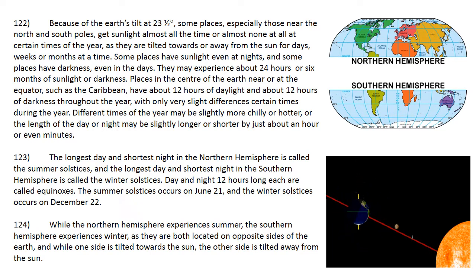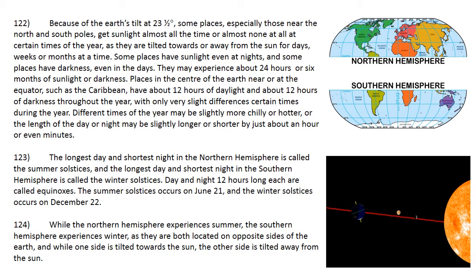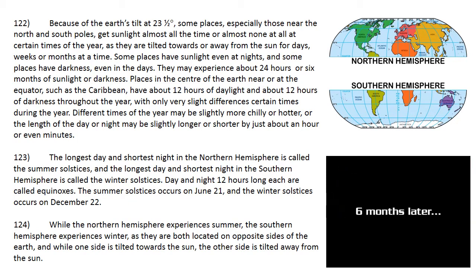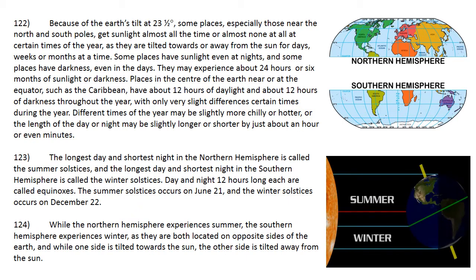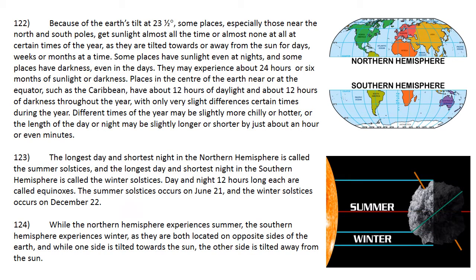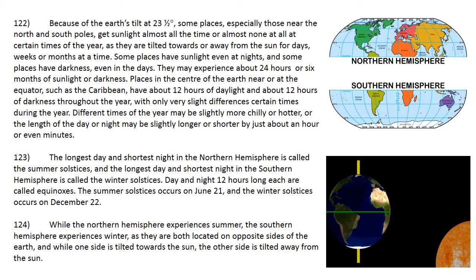Continuing, the longest day and shortest night in the northern hemisphere is called the summer solstice, and the longest day and shortest night in the southern hemisphere is called the winter solstice.